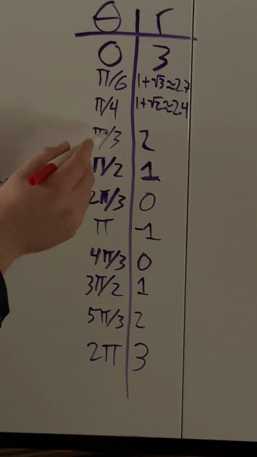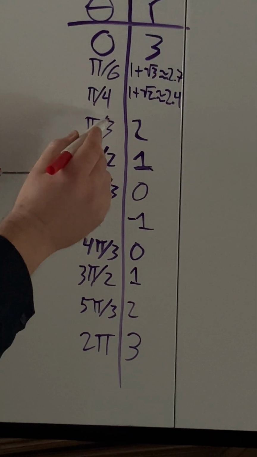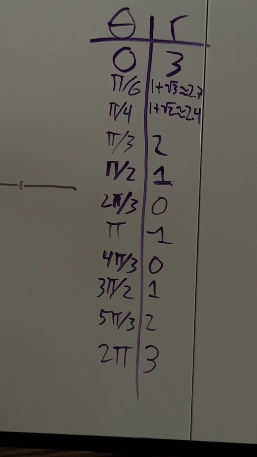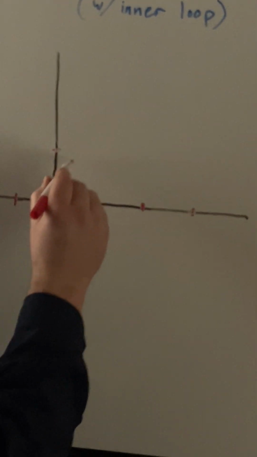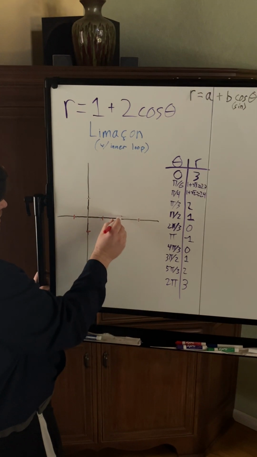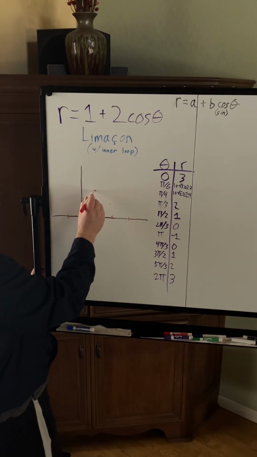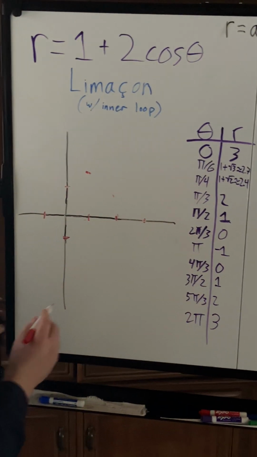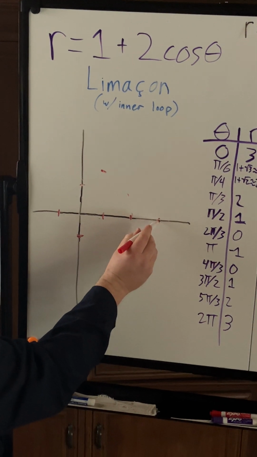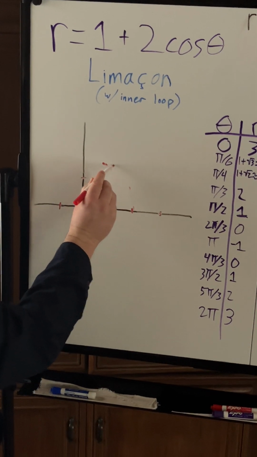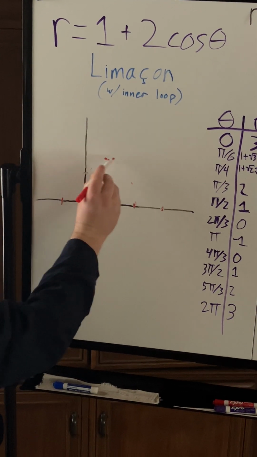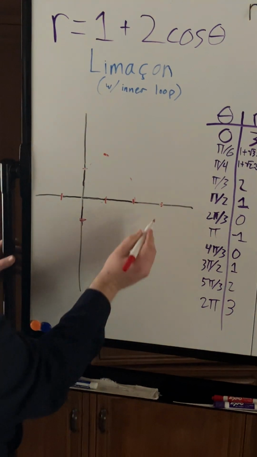Like at pi over 3, we're at 2. At pi over 2, we're at 1. So 2 is maybe somewhere like here-ish or here. So you can tell we're going to go from here up to there and then through there. That's what we have so far.